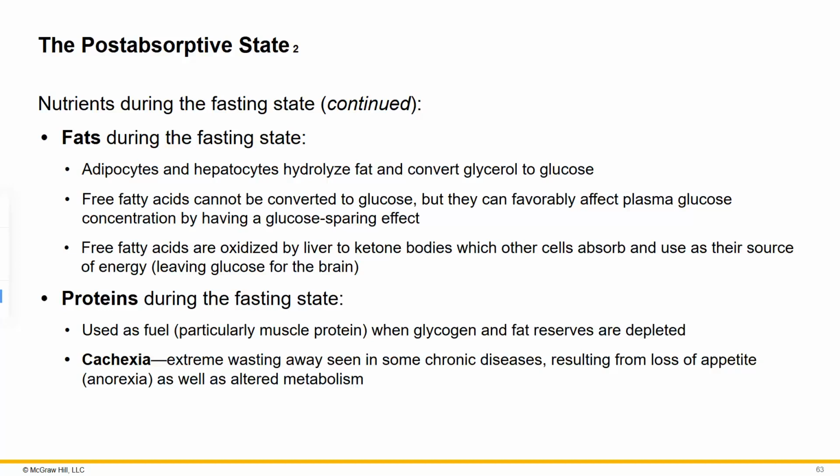So there's a lot of text and a lot of information here, but just try, in your mind and in your notes, to differentiate the absorptive state and the fasting state. In the fasting state, you need to find a way to get glucose back into the blood. So what are the processes that can increase glucose in the blood? During the absorptive state, you're bringing glucose into the blood, so you have to find a way to decrease blood glucose levels.